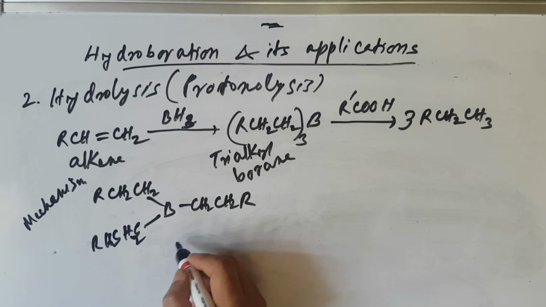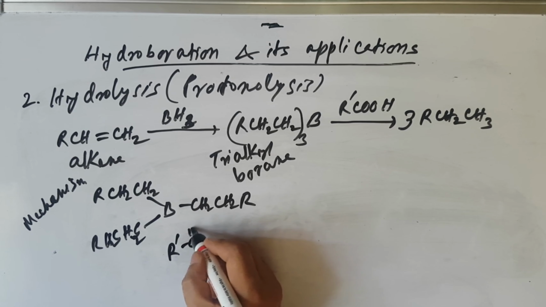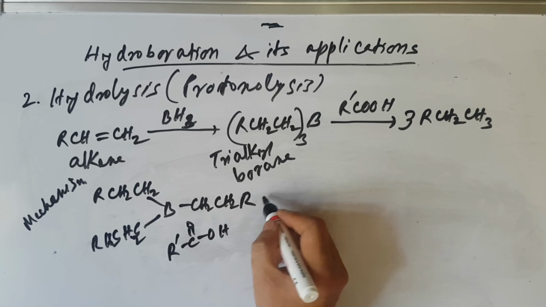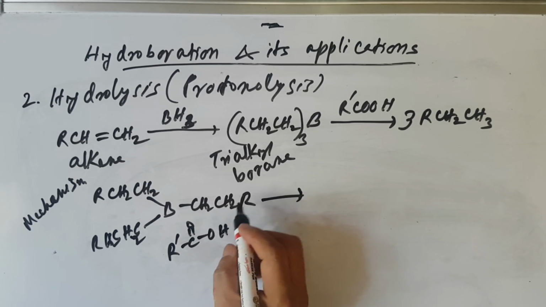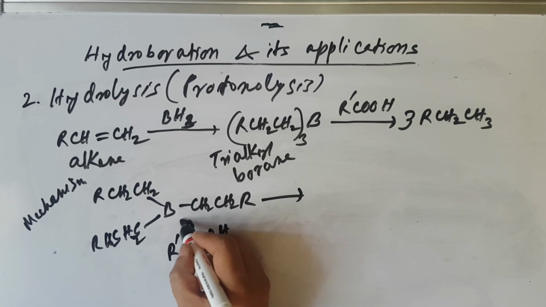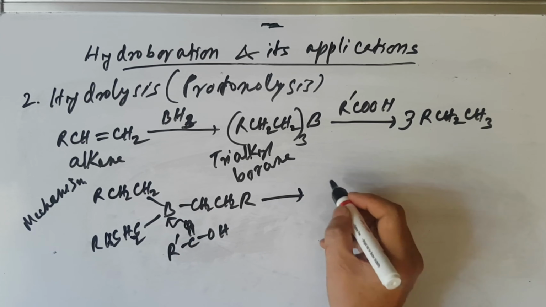In the presence of acids, let's say R prime COOH, it reacts with this. The acid will attack here, so first comes the formation of this.